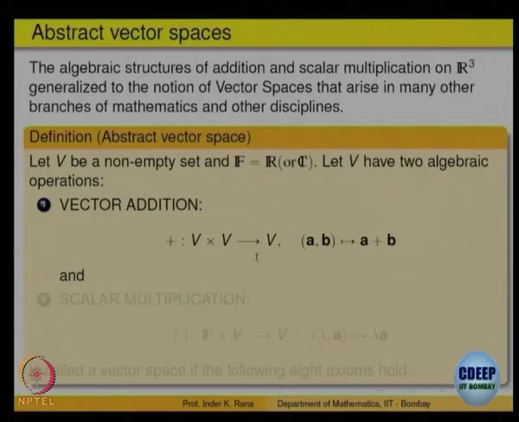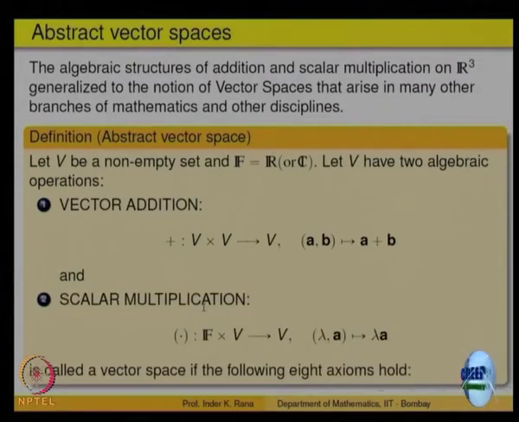So, (A, B) goes to an element in V which is denoted by A plus B. This is a binary operation of addition defined on the set V. And there is an operation called scalar multiplication, which is a function from the underlying field F, which is R or C, cross V to V. So, given a scalar and given a vector, alpha comma A, it gives you the product alpha A, lambda A. These are two operations defined on a vector space.